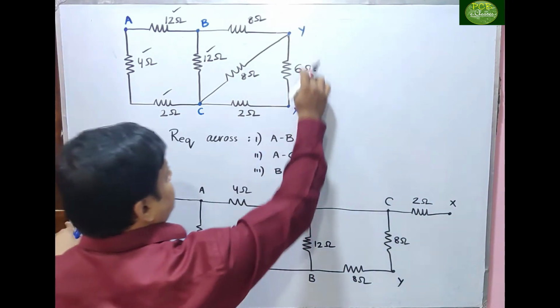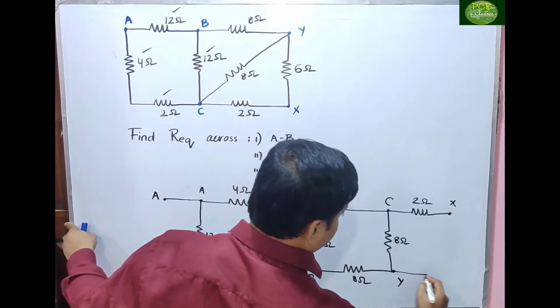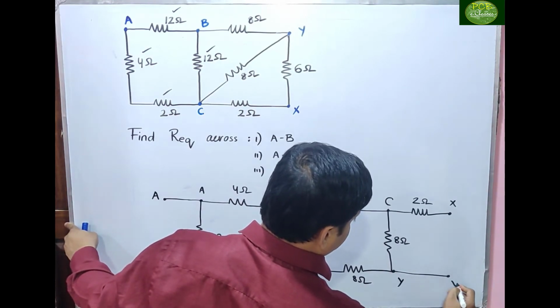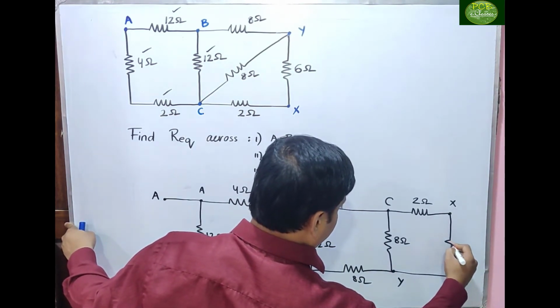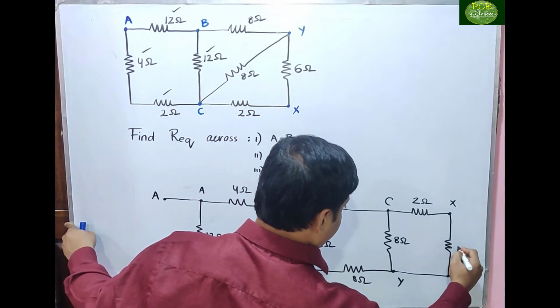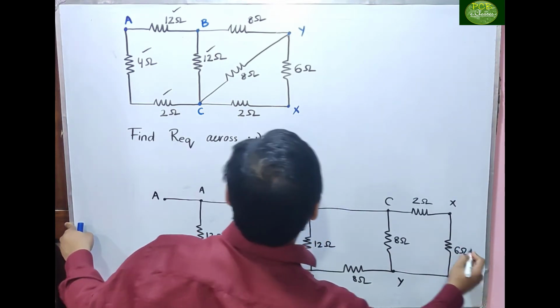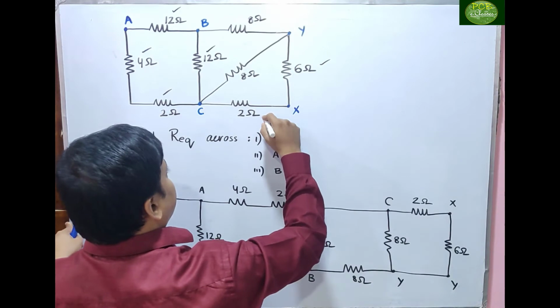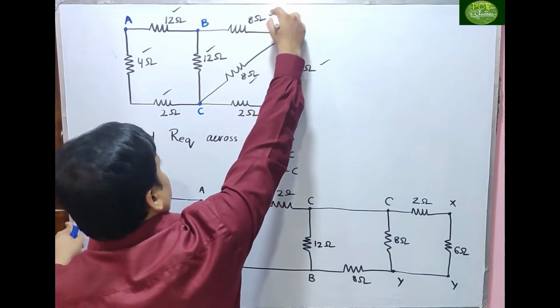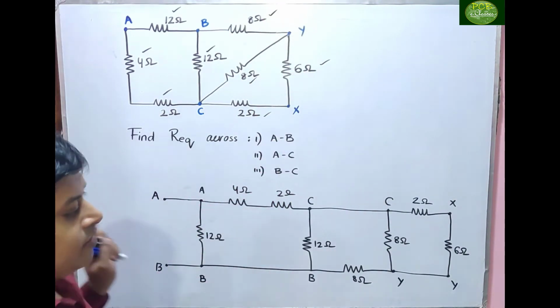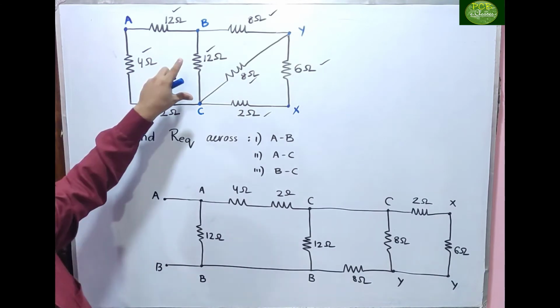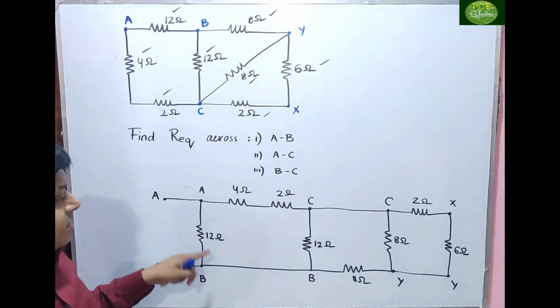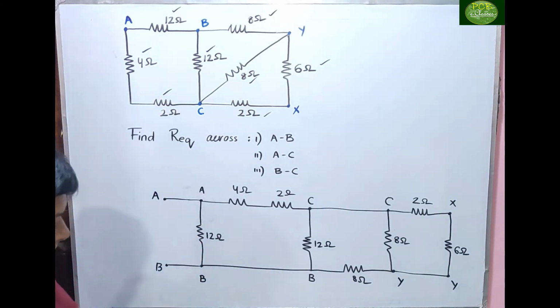Next, X to Y, what is present? 6 ohm. 6 ohm is done, 2 ohm is done, 8 ohm is done, this 8 ohm is also done. So this is my modified diagram.